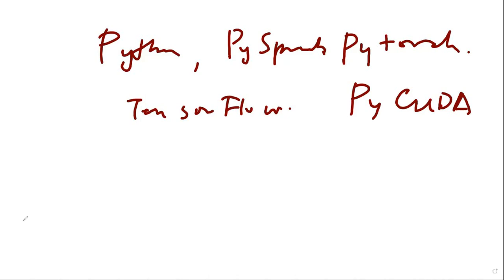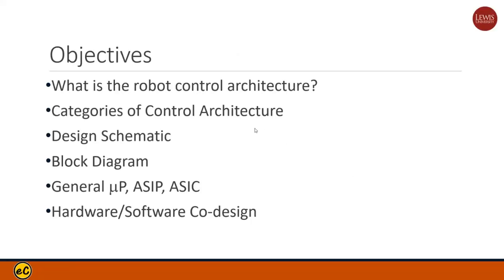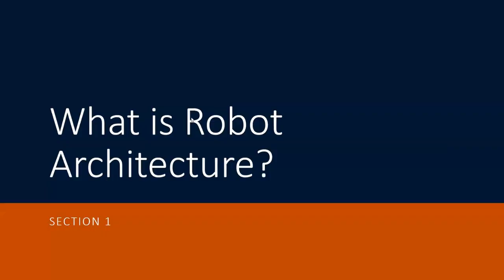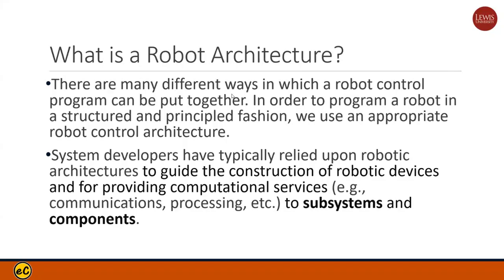Basically, I'm sorry, basically you use the mathematical modeling that you have so far, that actually describes the control system. You draw the schematic and then whatever you do, and you come up with your robot architecture.